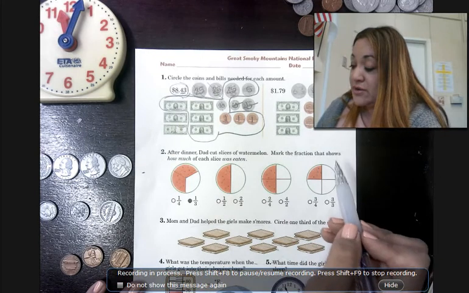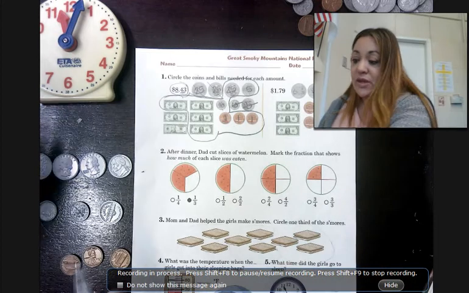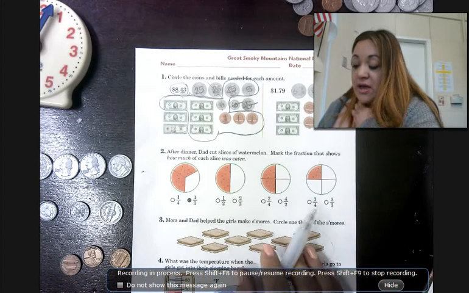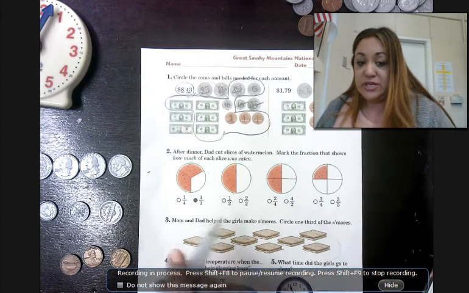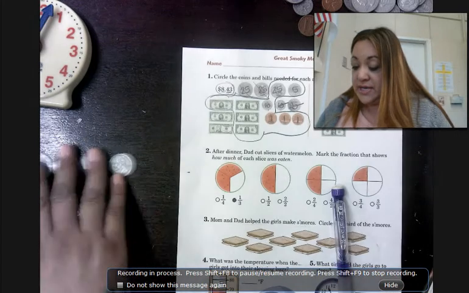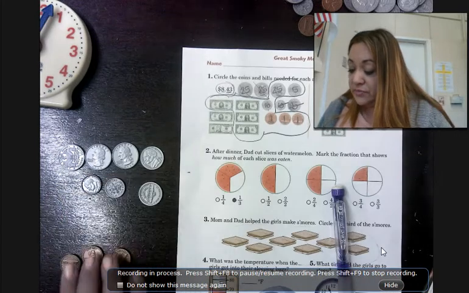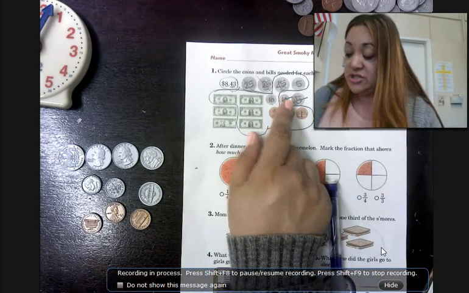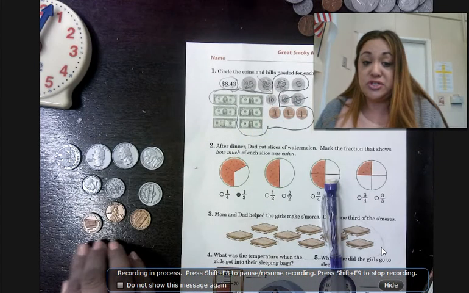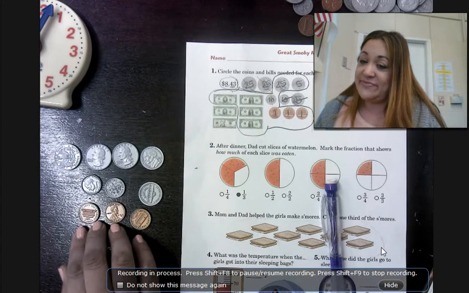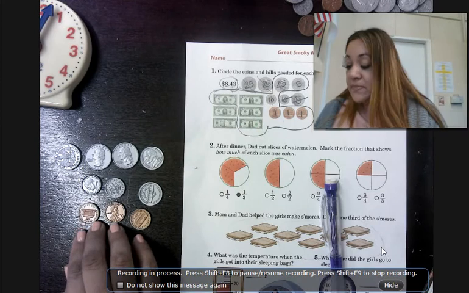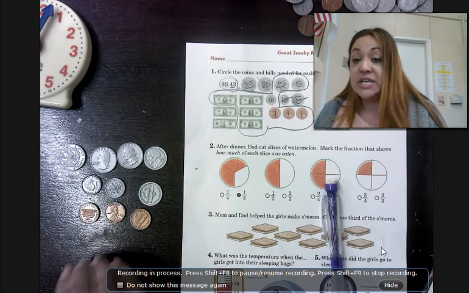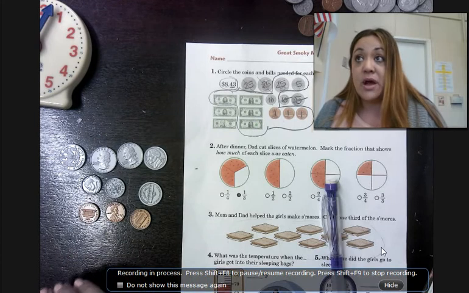Now let's go ahead. I have a lot of change here. What I wanted to show you right here is when you have a problem like this that has change, you could also use change. Of course, mine's fake change that we use in our class, but you could use change that you have around the house to help you learn how to count money.